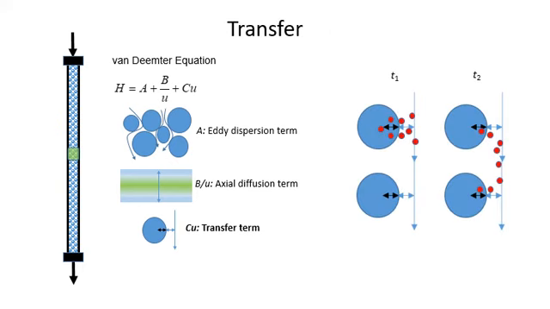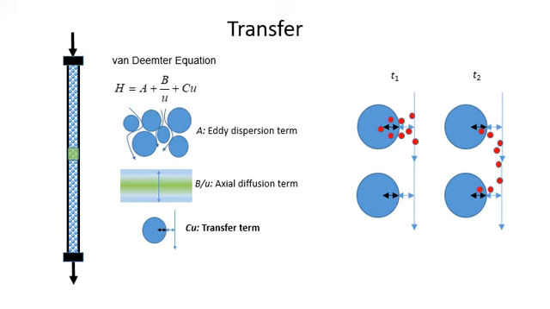The transfer term measures dispersion due to the transfer of molecules from the mobile phase to the stationary phase. With porous stationary phase particles, the molecules are further transported within the pores. These molecules then have to be transported back to the mobile phase, and this back and forth transport happens over and over again as the solute band is transported along the length of the column.